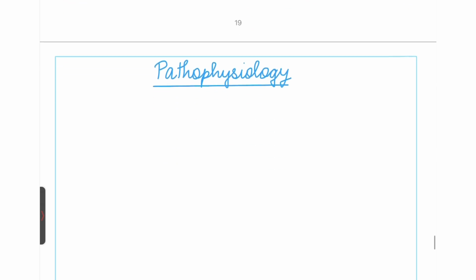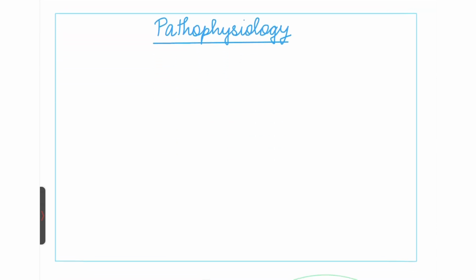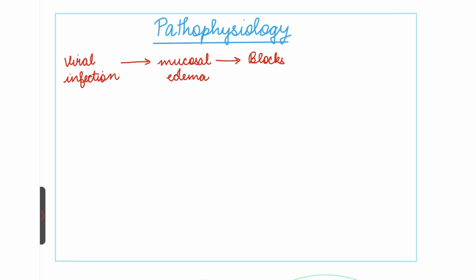Next, let's look at the pathophysiology. The story begins with a viral infection. This viral infection leads to mucosal edema. Due to mucosal edema, there is blockage of the ostiomeatal complex.